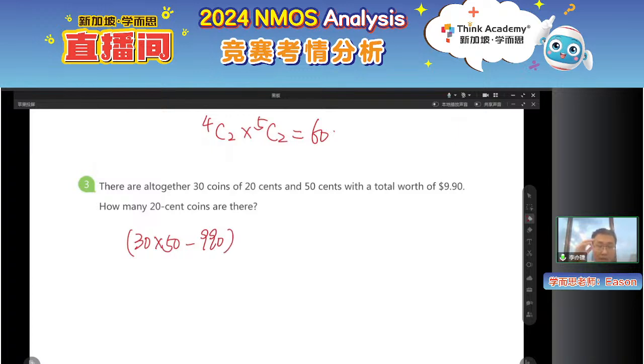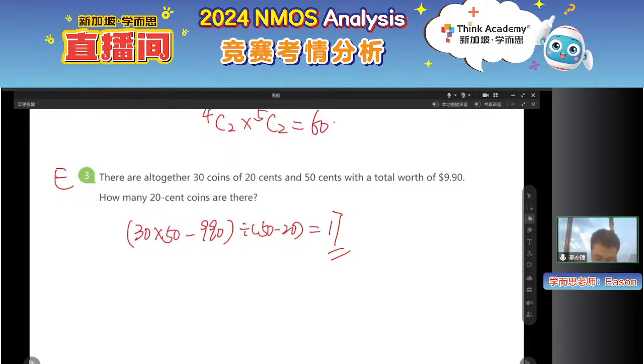Because for each 20 cent coin we changed into 50 cents, it increased by 30. So we use 1,500 minus 990, then divide by 30 to get the answer. So the answer is 17. This is the number of 20 cent coins. A very easy chicken and rabbit question, right?